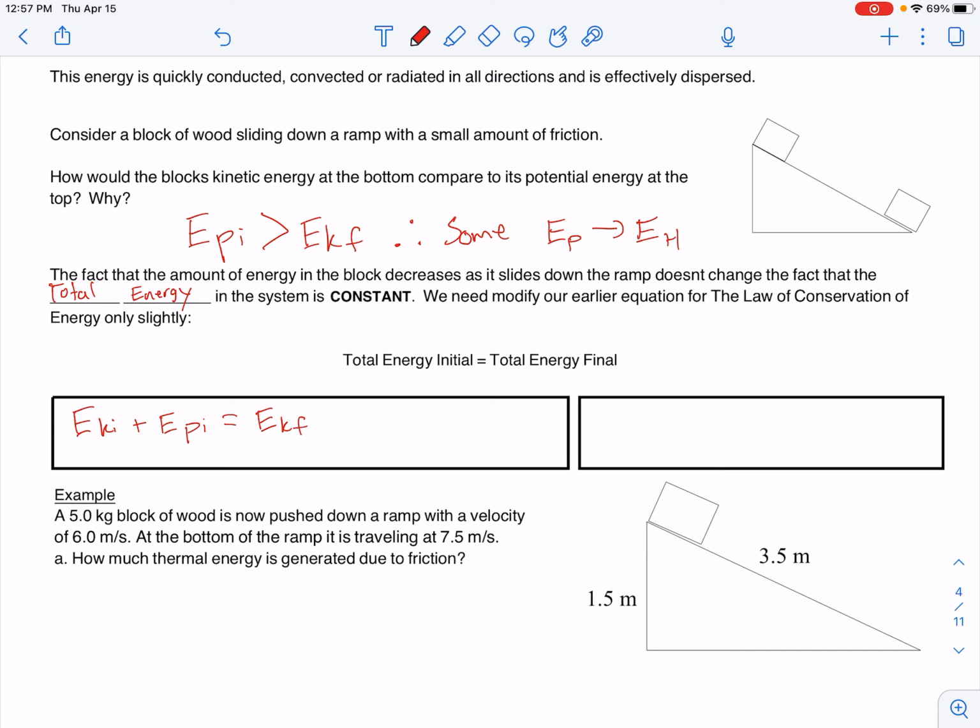The initial kinetic plus the initial potential is going to be equal to the final kinetic plus the final potential plus thermal energy. And then the change in each altogether is still going to equal 0.